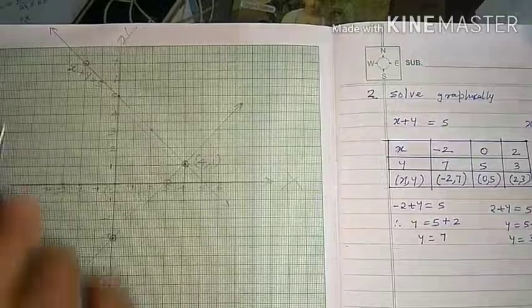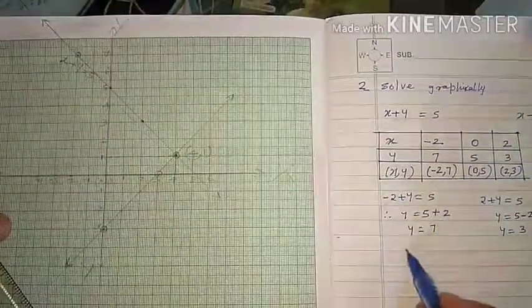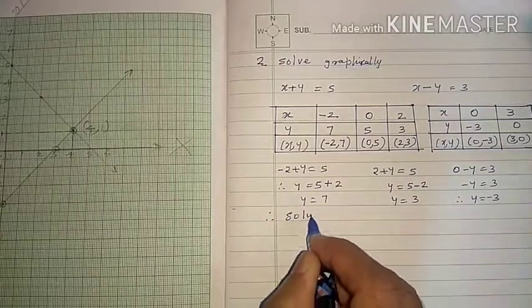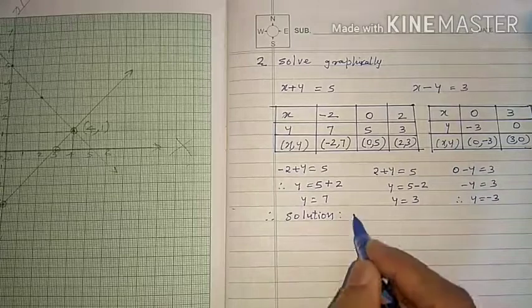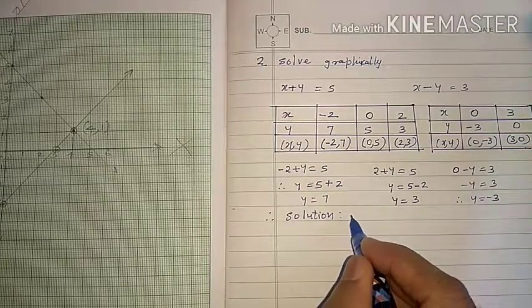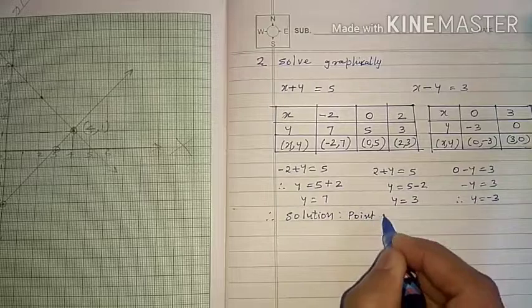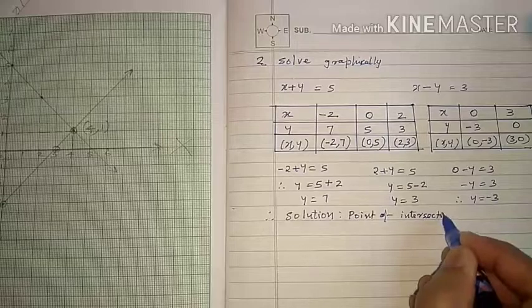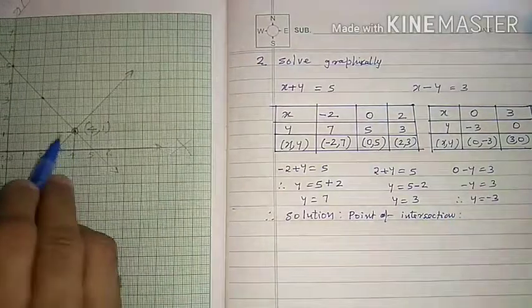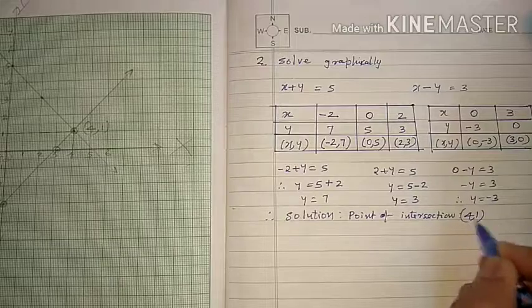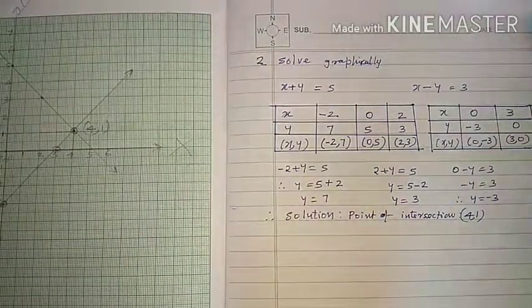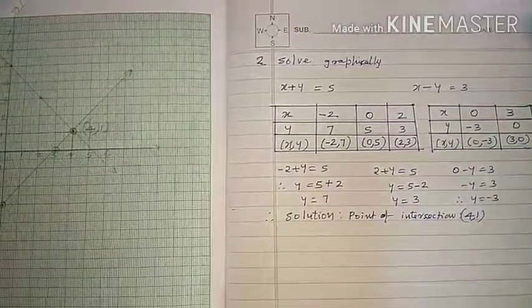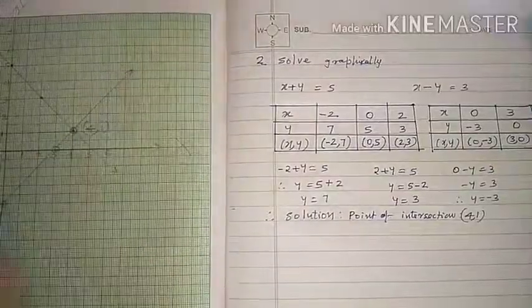And we write the solution here. Point of intersection is 4, 1. So the solution is 4 comma 1.